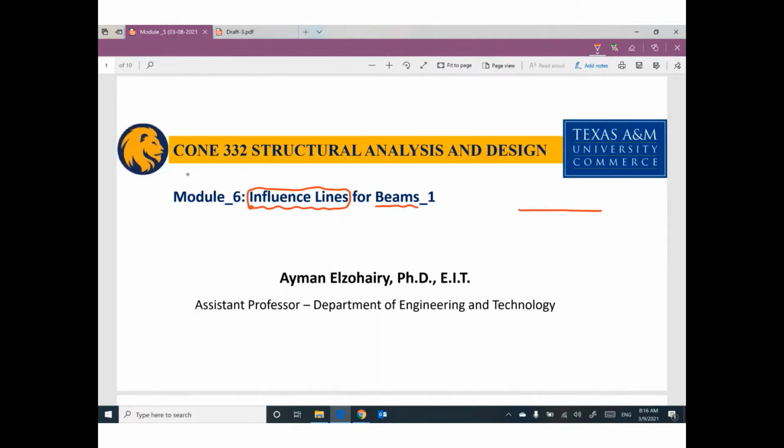We have a beam, we have a hinge, we have a roller. But the only difference right now is that this load is variable in value and position. Value, are you sure? Value would be variable? Yes, I'm sure.